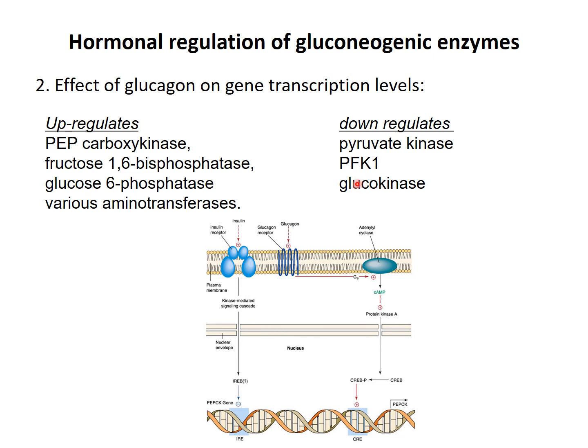So there will be less glycolytic enzyme and more gluconeogenic enzyme in the cytosol to perform the job. It also influences aminotransferases. So when amino acids are coming into the liver, they can be handled. Everything can be channeled to alanine or oxaloacetate, so gluconeogenesis can take them as substrate.